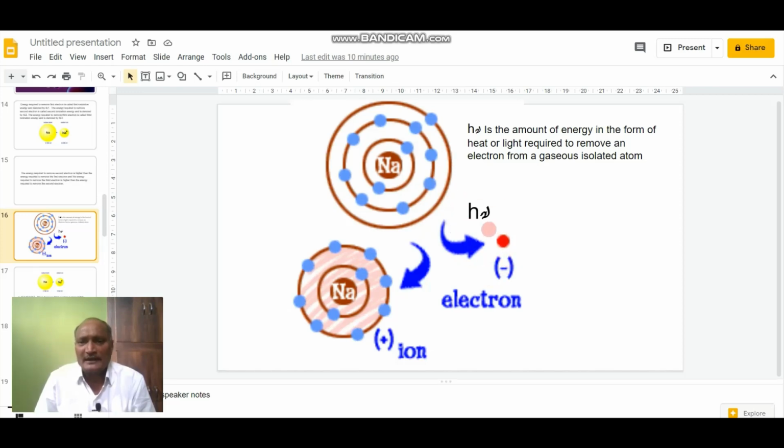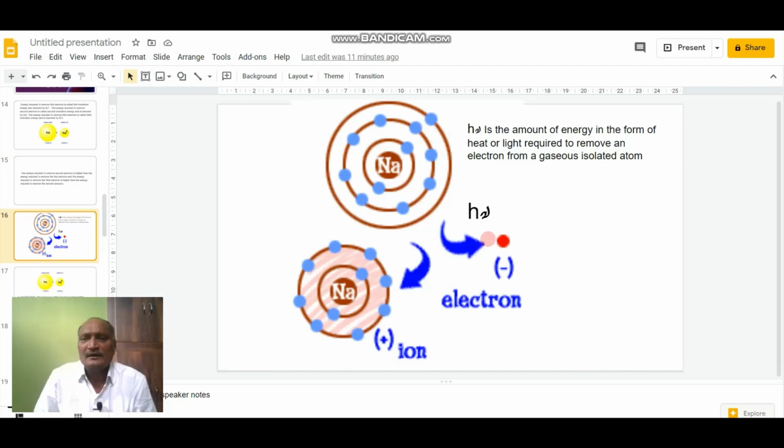For the removal of an electron, the amount of energy required is called h nu. It is in the form of a packet of energy, or a quantum of energy. H nu is either in the form of heat energy or light energy. If a sufficient amount of energy is given to the valence electron, it will be removed completely.